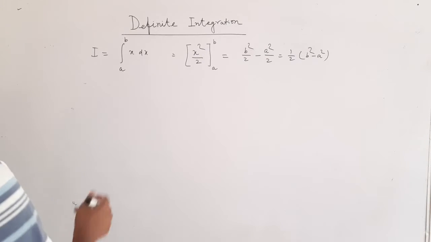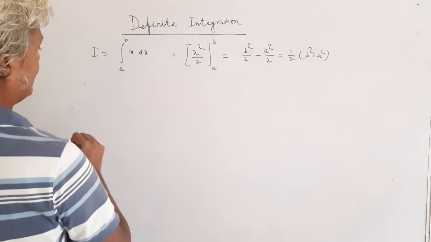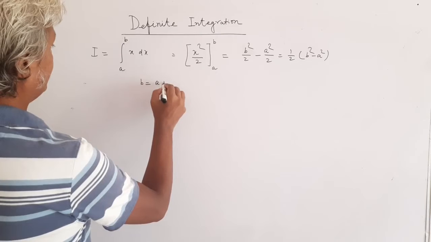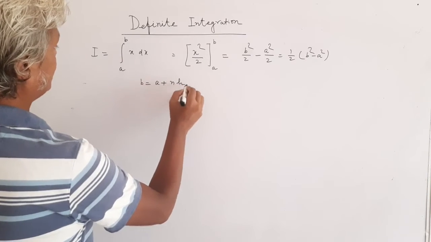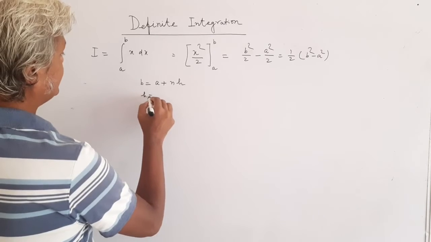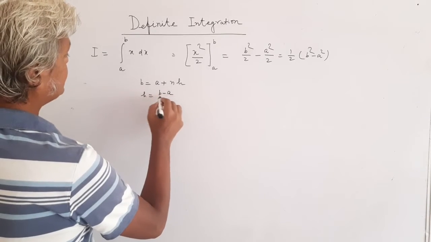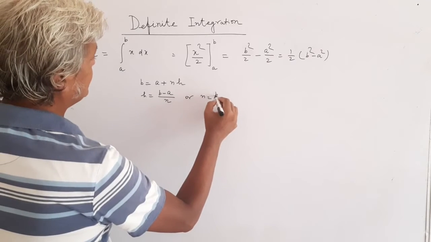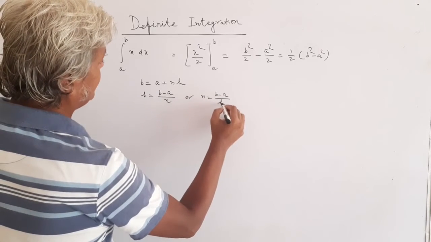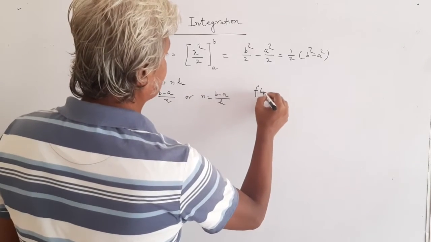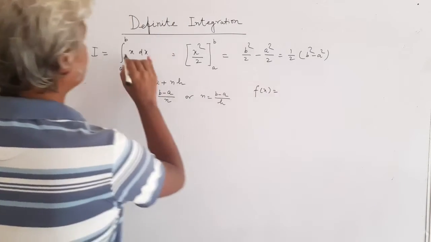For the limit of sum, what we have to do, see this is lower limit a, then you know that b equals a plus nh, right? Then h is b minus a over n, or n is b minus a over h. Now we have to find fx. What is our function fx? Fx is x.